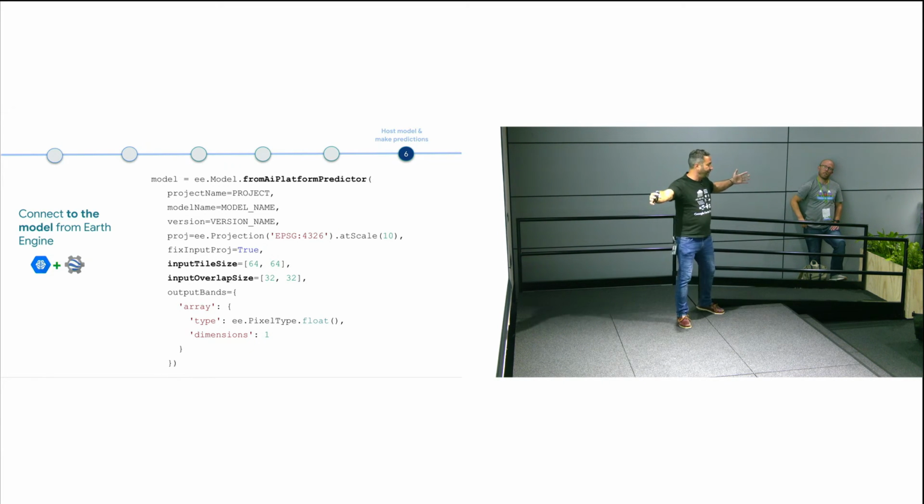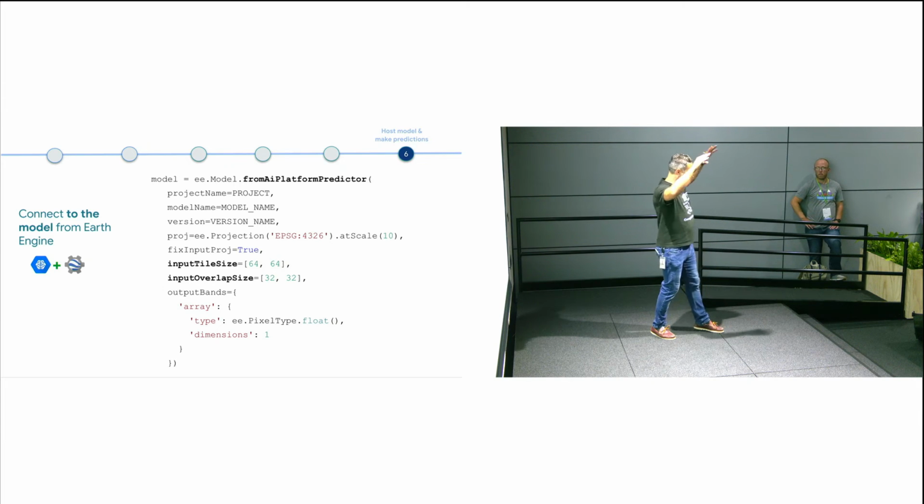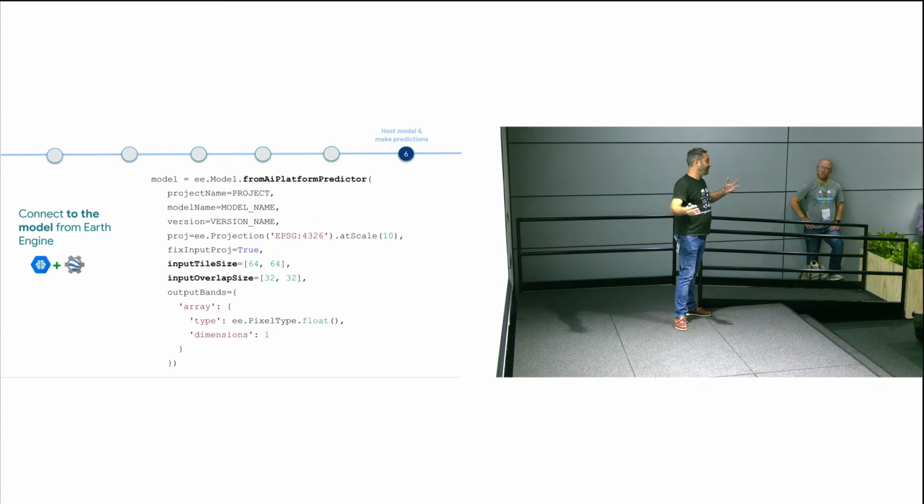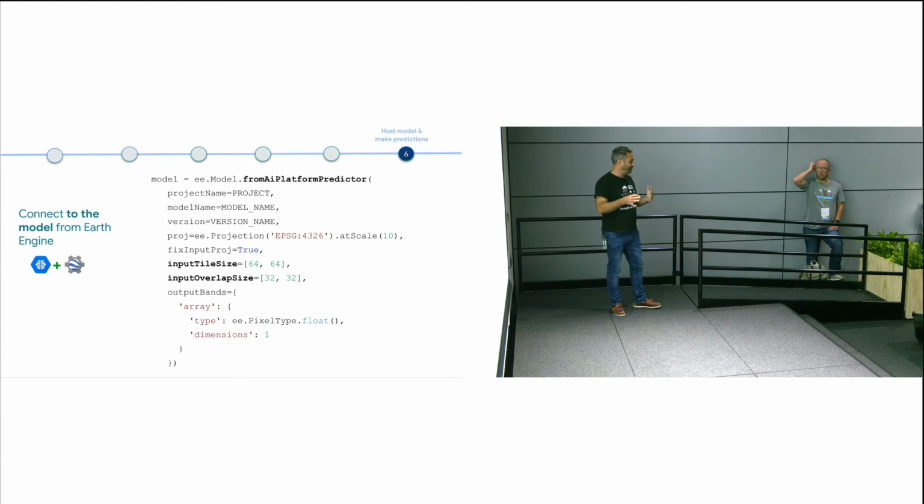So it's going to overlap 32 pixels on every edge of the patches, and that's great because sometimes you have edge effects, and you have to trim those out. So this is a nice way to fiddle with what you can think of as hyperparameters almost. And you might want to tune the patch size and the overlap and all that stuff to get the best accuracy.